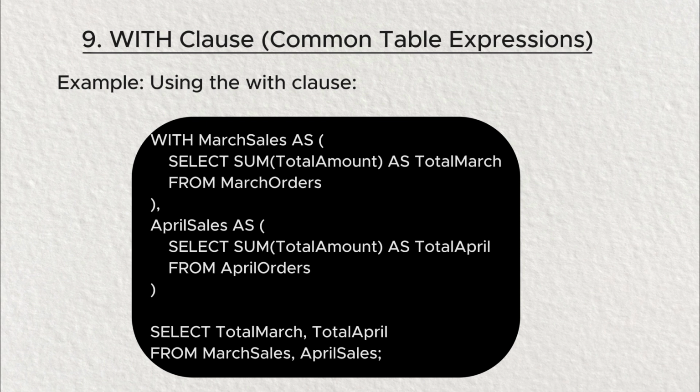Also, in the April orders table, we create a temporary table called April sales, and we sum the total amount column from the April orders table, and we rename it to total April. So now in our query, we will select the temporary columns total March and total April from the temporary tables March sales and April sales, and we'll display it in our results set. Here we have it.